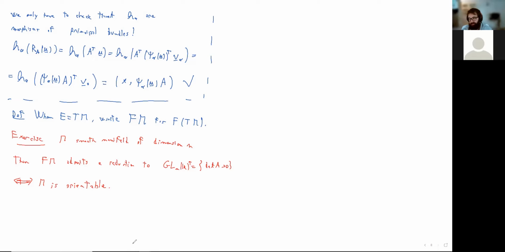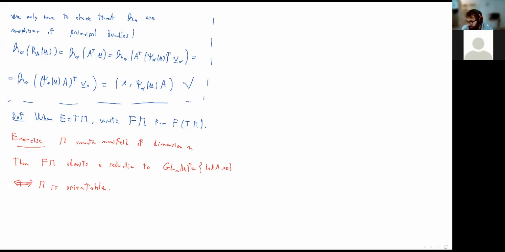I think this really shows how all this new language about principal bundles helps encode some information that we were already studying. For instance, orientability is equivalent to asking that a certain principal bundle admits a reduction.